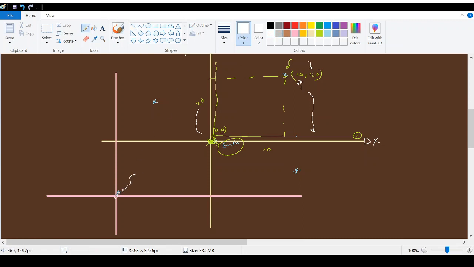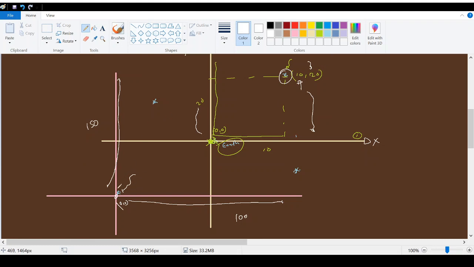So this becomes 0, 0, and if we need to mention the details of this same object, then we have to measure the distance along this axis and this axis, which will be, let's say, 100 for this axis, and something like this for the other.